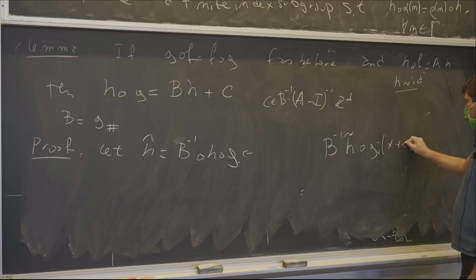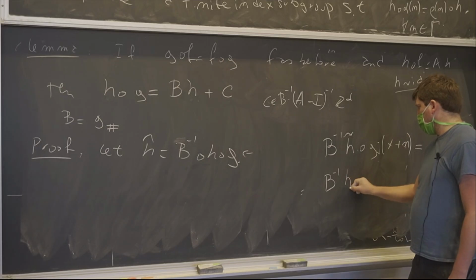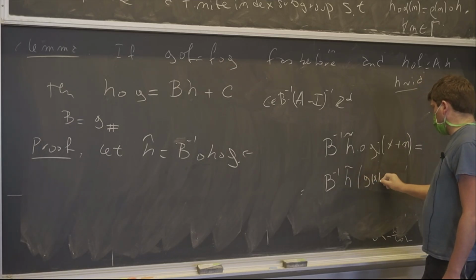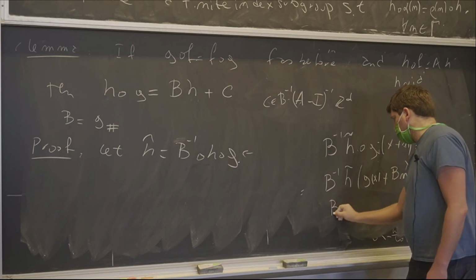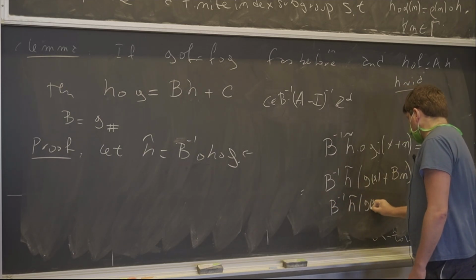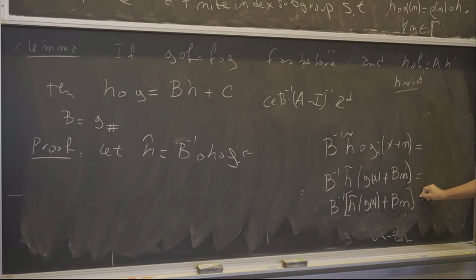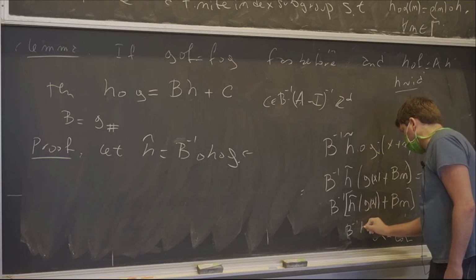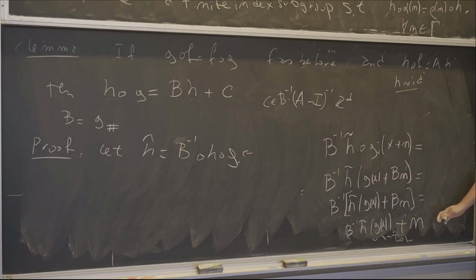When you do this in x plus n, you will get B inverse H tilde of Gx plus Bn. And then H tilde is homotopic to identity, so this is B inverse H tilde Gx plus Bn, and this is B inverse H tilde Gx plus n. So you get a continuous map which is homotopic to identity on the torus.